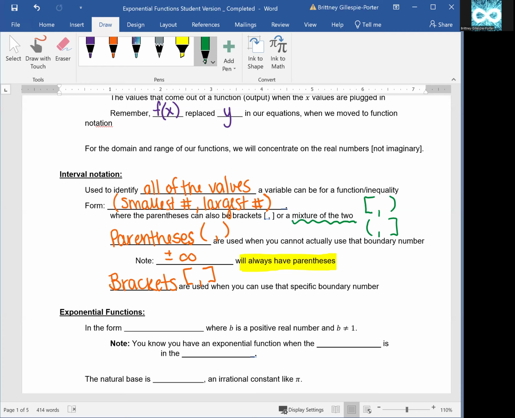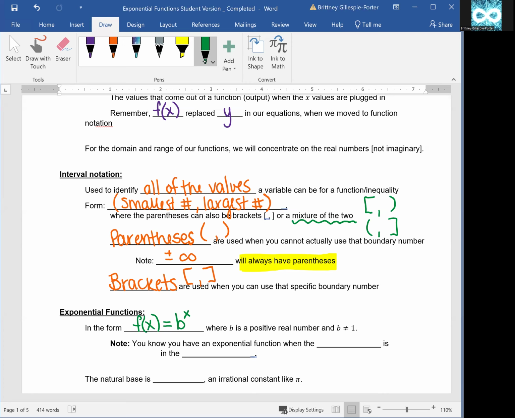Okay. Now, let's talk about exponential functions, what this whole thing is about. They are in the form f of x is equal to b to the x, where b is a positive real number not equal to 1 or 0, because that would be lame. Okay.